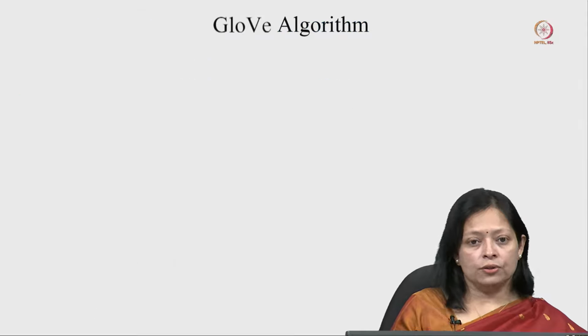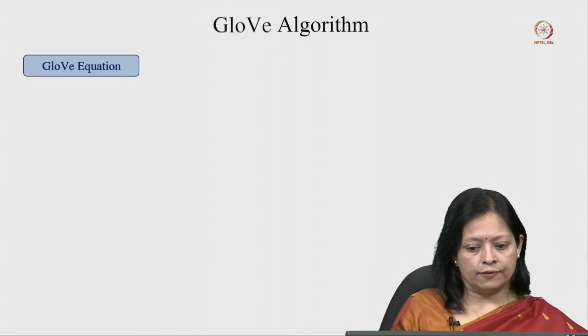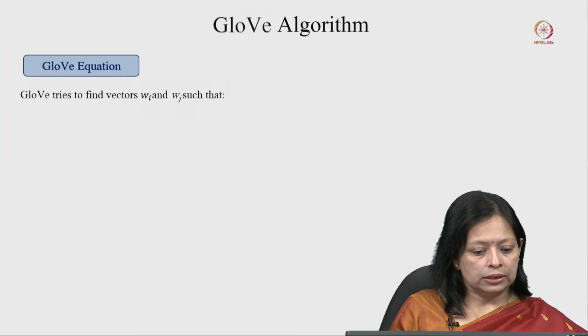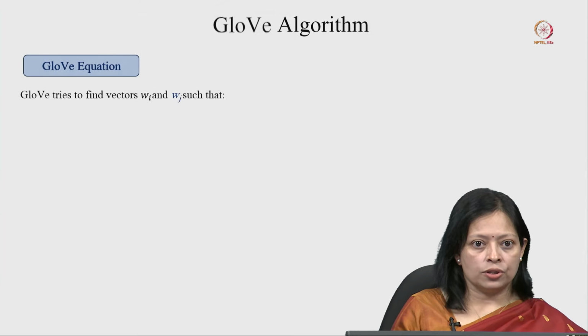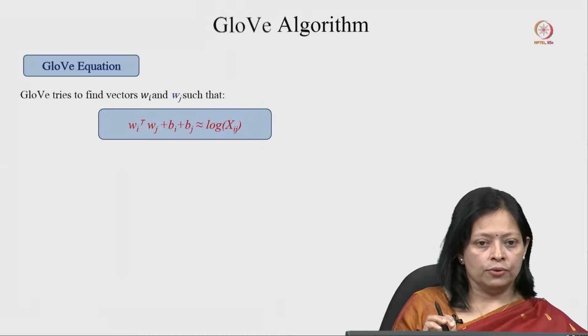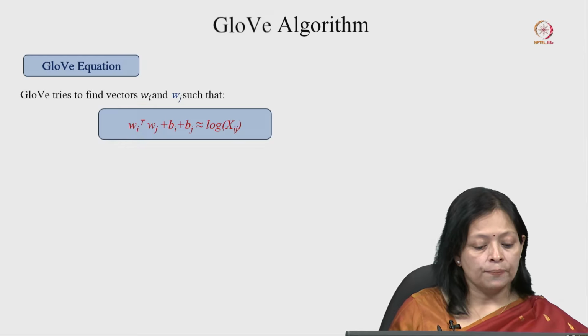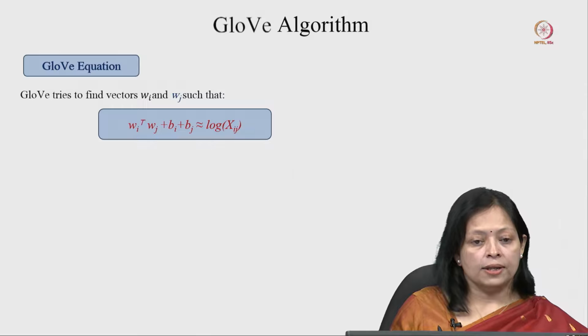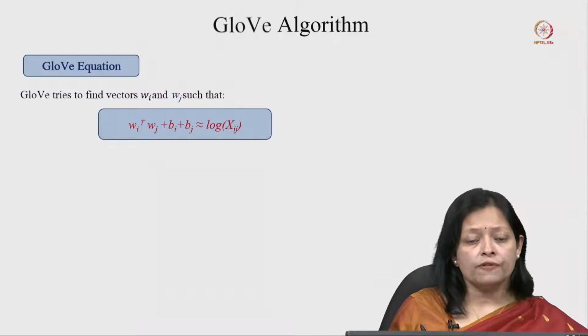Now, we will look into the GloVe algorithm. What is that GloVe algorithm? If we look at the GloVe equation, GloVe tries to find the vectors wi and wj such that the dot product wi transpose wj plus bi plus bj is approximately equal to log of Xij.